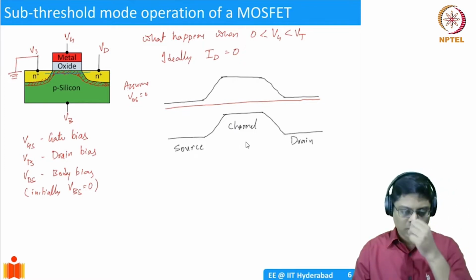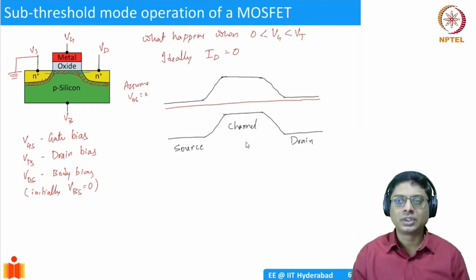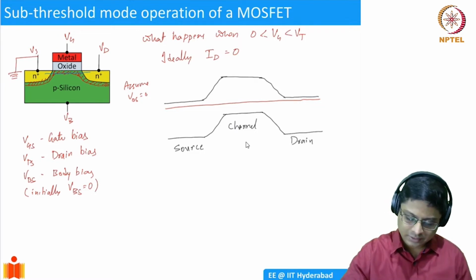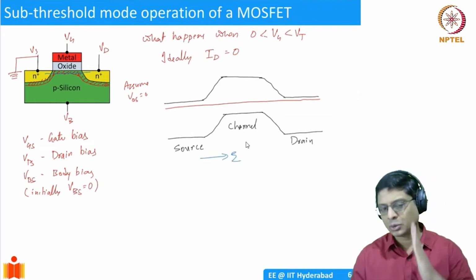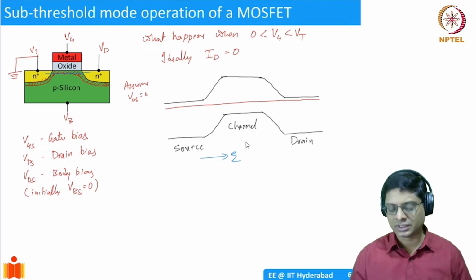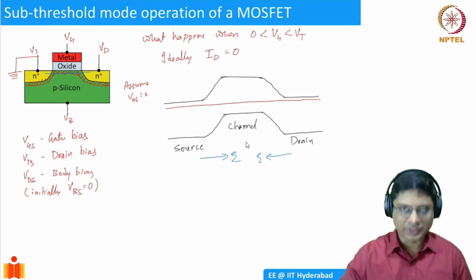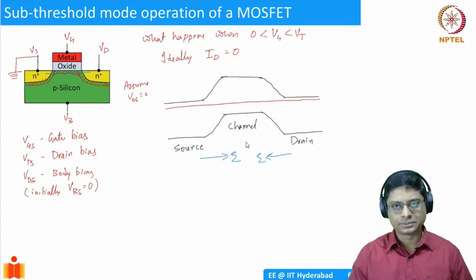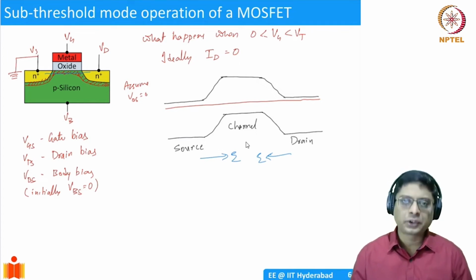Now, if you look at this, how do the carriers flow in this structure? Here the electric field is in this direction, because it's a positive slope; EC is bending with a positive slope. Whereas at the drain and channel junction, the electric field is in the opposite direction, with a negative slope. So how will the electrons move?